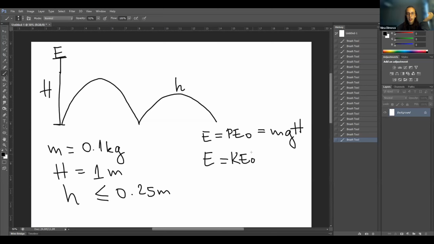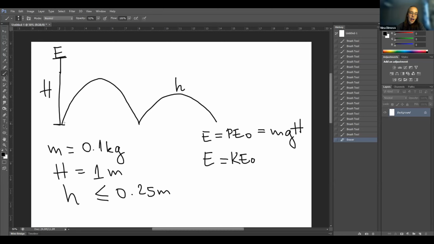So let's call this kinetic energy 0. And now, we don't really need an expression for kinetic energy because no one is mentioning speeds. We don't really have anything that shows that we would want that, right?